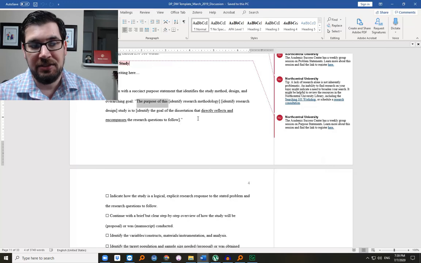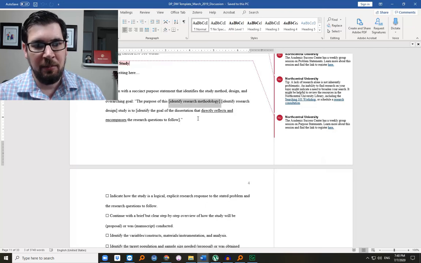And then, of course, your method would be quantitative, and you might have a design that's a correlational design or quasi-experimental. True experiments are rare, but you might have one. Correlational and quasi-experimental are probably the most common.